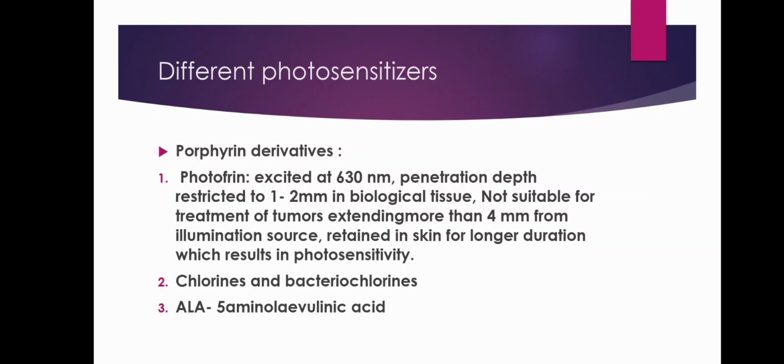Now there can be another kind of photosensitizers. They are also derivatives of hematoporphyrins, like chlorins or bacteriochlorins. They have a higher wavelength than that of photofrins for excitation. Then there is ALA, that is 5-aminolevulinic acid, and these are some of the examples of the photosensitizers used.